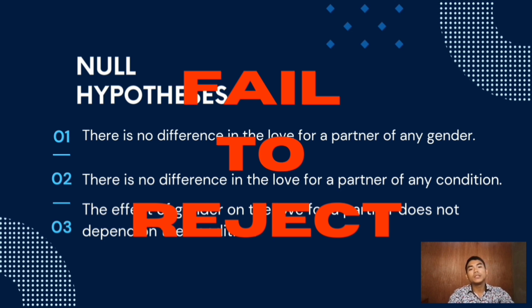By the way, the first and second null hypotheses are the main effects. For the last hypothesis, which is that the effect of gender on love for a partner does not depend on condition, we fail to reject, meaning there is no interaction between the two independent variables. Okay?